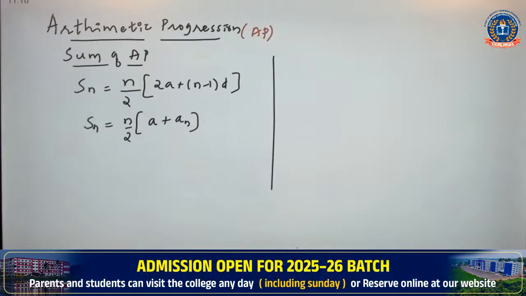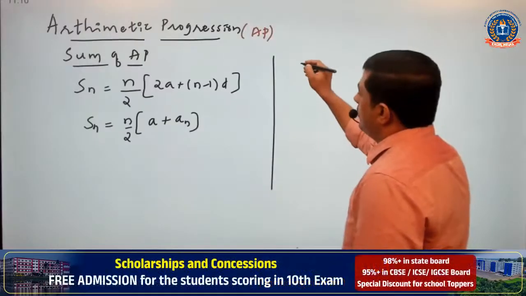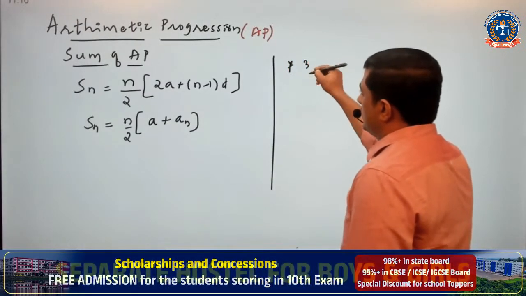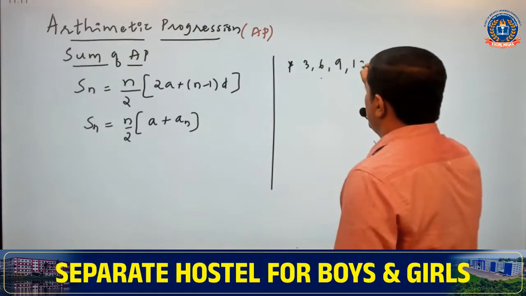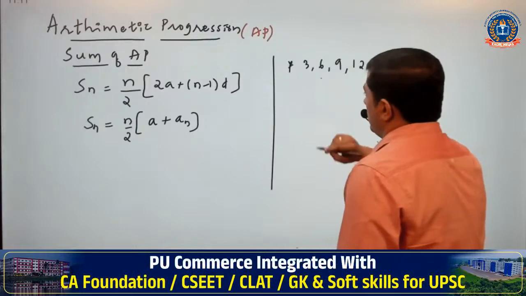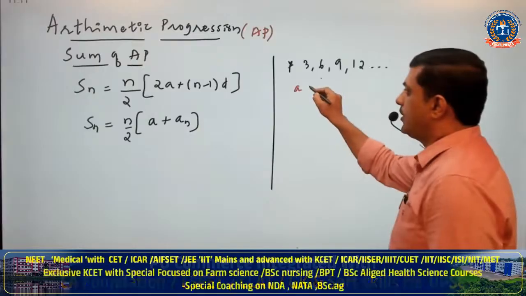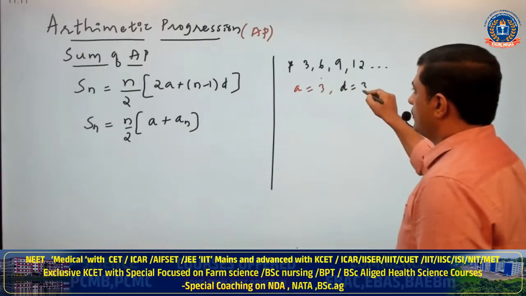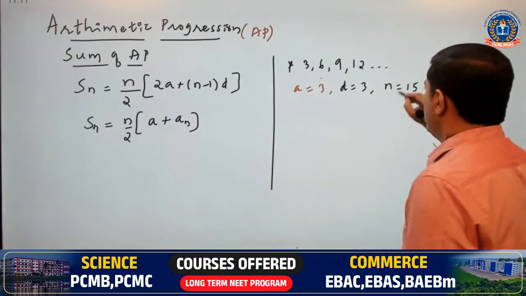Okay, right. Now the problem says, just to take a small general case, 3, 6, 9, 12. This is the one sequence I can take. Here I say that a equal to 3, and obviously d is also 3. N I take as 15.